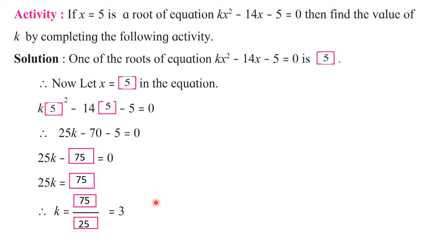Now here you can count the number of boxes. 1, 2, 3, 4, 5, 6, 7 and 8 boxes are given. Generally, when the activity comes for 2 marks, they provide you with 4 boxes. And when it comes for 3 marks, then they provide you with 6 boxes. But sometimes more boxes can be there, and wherever the number is the same, for those same numbers no marks are given.